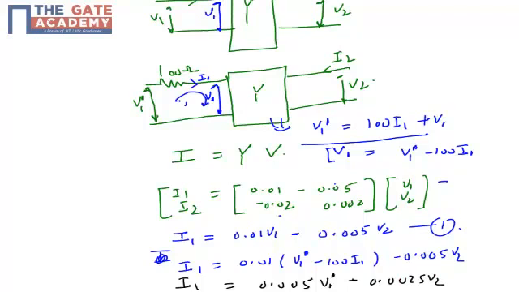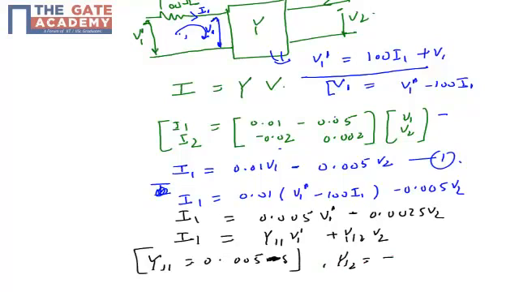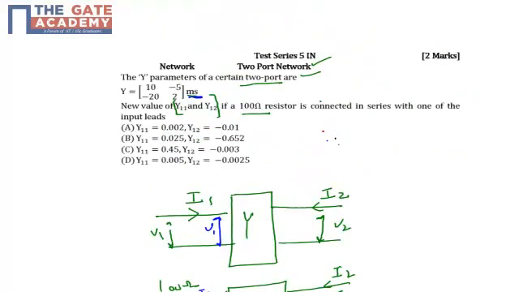Comparing this with the standard equation of the Y parameter, I1 equals y11 V1 dash plus y12 V2, my new y11 will be 0.005 Siemens and y12 will be minus 0.0025 Siemens. So my correct option is option D. Option D will be my answer for this question. Thank you.